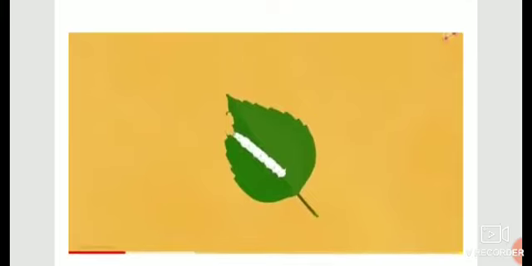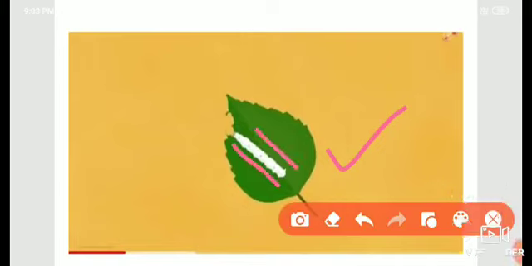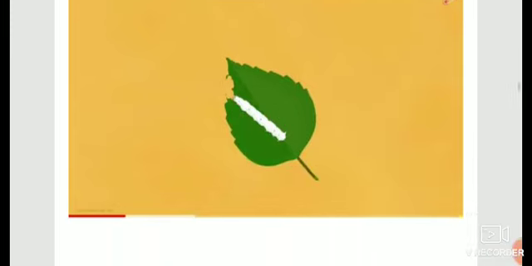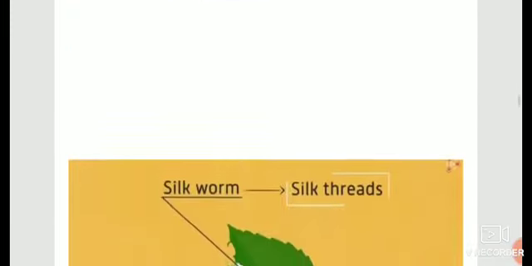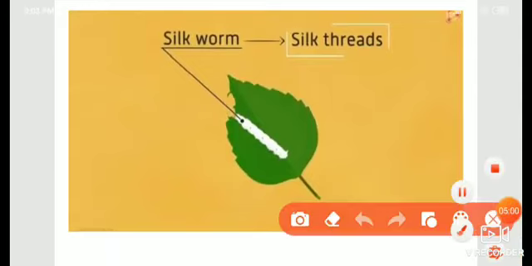This is the first stage of a silkworm. You can see here, this is the silkworm students. This is the first stage. And now in the next, you can see here the silkworm on a leaf and the silk thread also.